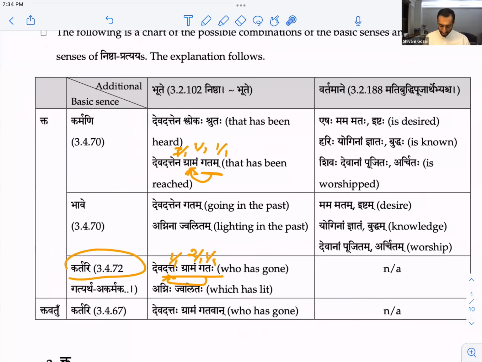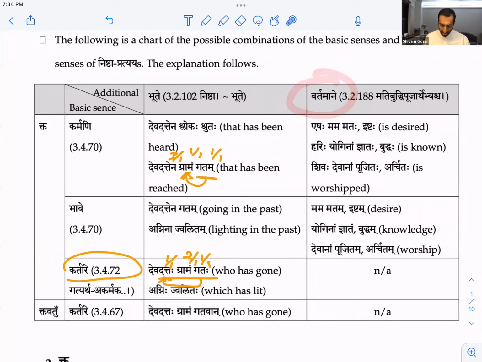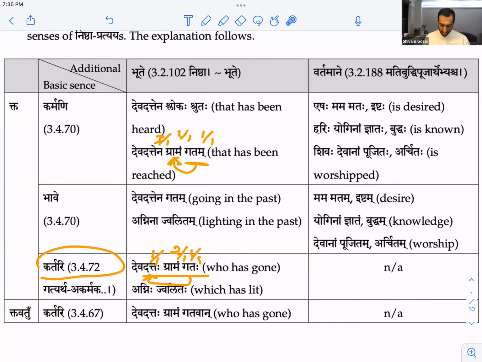You notice how when it's present tense, you only get karmani or bhave, you will not get kartari vartamana. Okay, you will not get kartari vartamana. So if it's these three, you're going to get karmani or bhave. Okay. That's a lot of information right off the bat. Hopefully some of this is familiar, right? We've seen this in our last class.